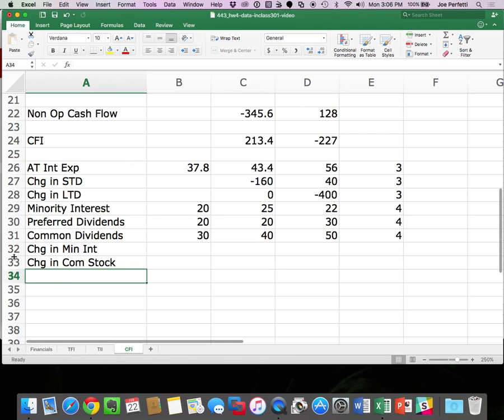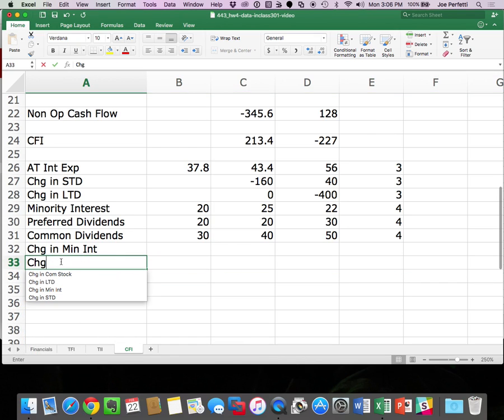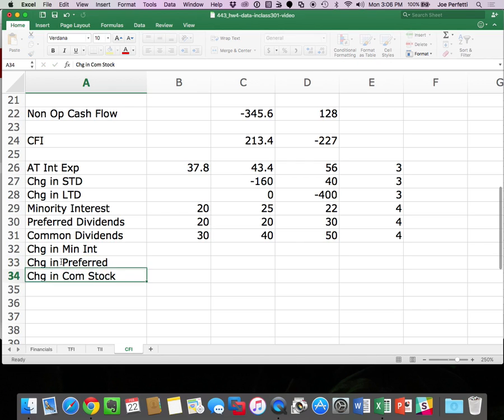I'd skip that. Let's put these in order. Change in preferred. I'll skip the change in retained earnings because remember we talked about that as trick number 2. It's a non-cash account, so change in non-cash accounts don't affect anything. And then we have change in treasury, thanks, which is the share repurchase contra account.